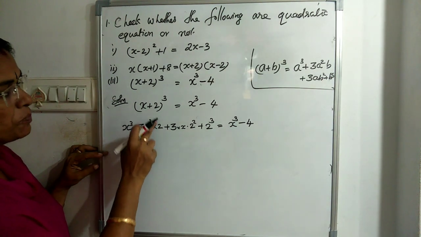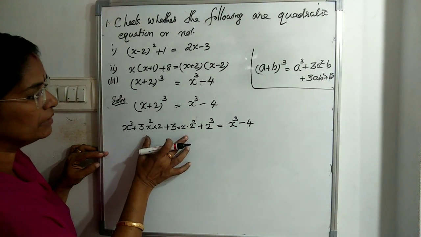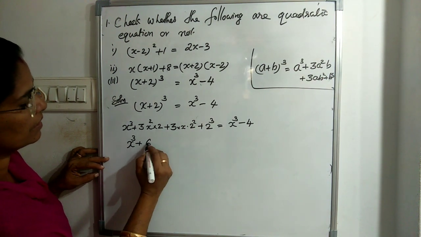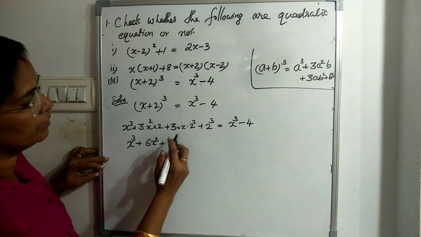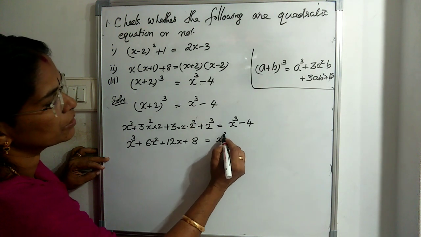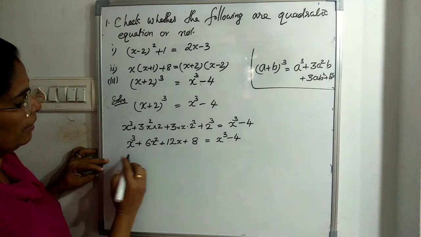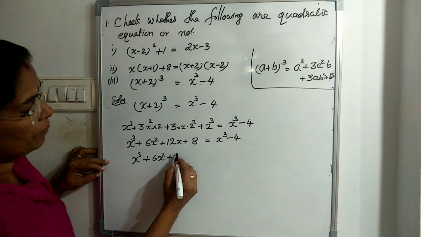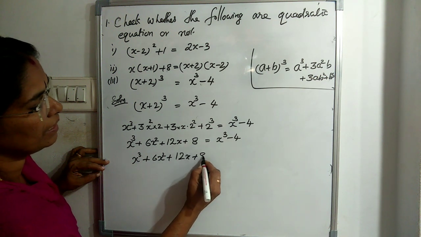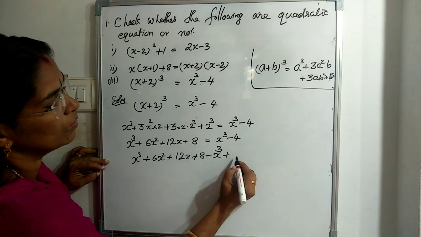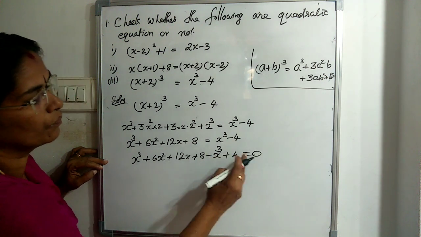Using the identity we expand x plus 2 whole cube in this form. Okay, that is equal to x cube plus 6x square plus 4 into 3, 12x, plus 8 is equal to x cube minus 4. Rearranging: x cube plus 6x square plus 12x plus 8 minus x cube plus 4 equal to 0.